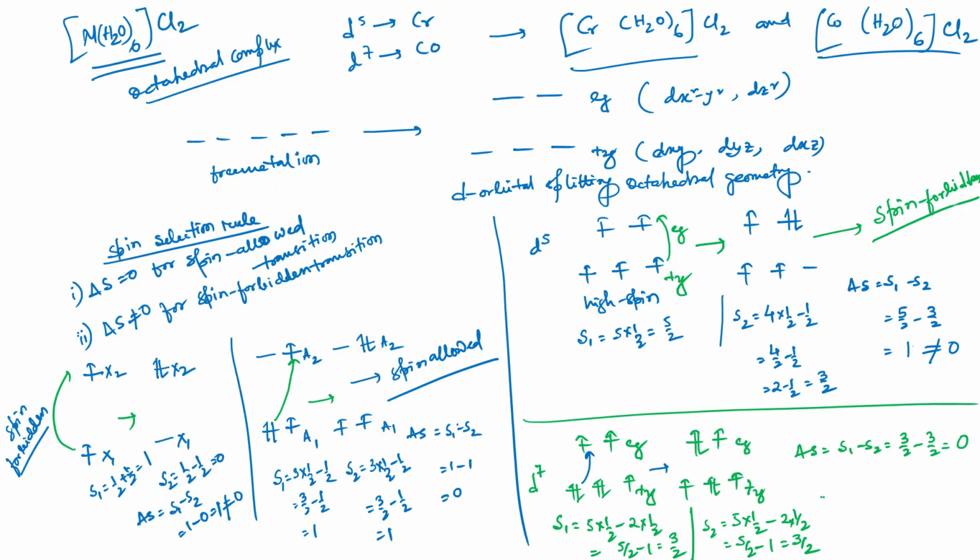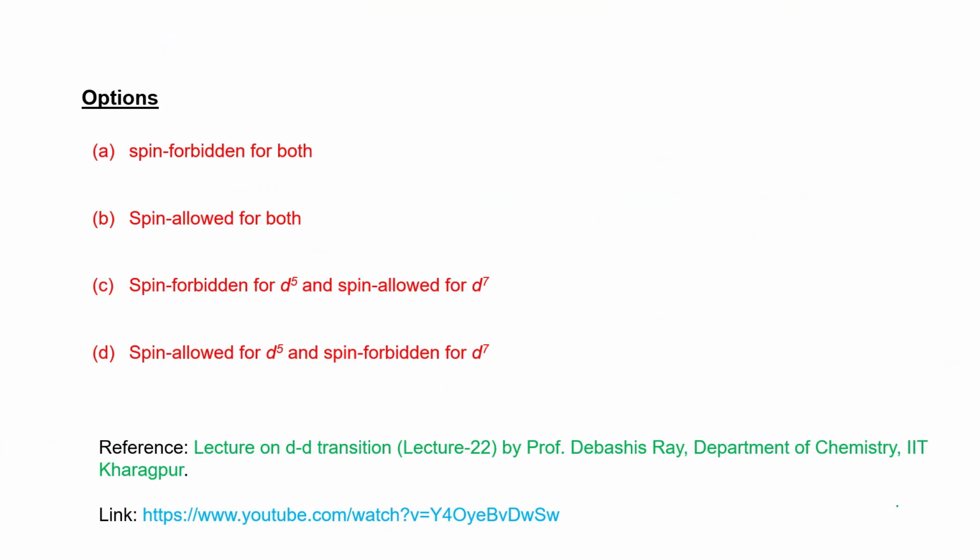So this transition is a spin allowed transition, since the delta S value in the d7 octahedral system of M(H2O)6Cl2, for the electron transition from t2g to eg, is 0. Thus you got your answer. In the case of d5 it is spin forbidden, and in the case of d7 it is spin allowed. Thus this is your option, and the correct answer is C, spin forbidden for d5 and spin allowed for d7.